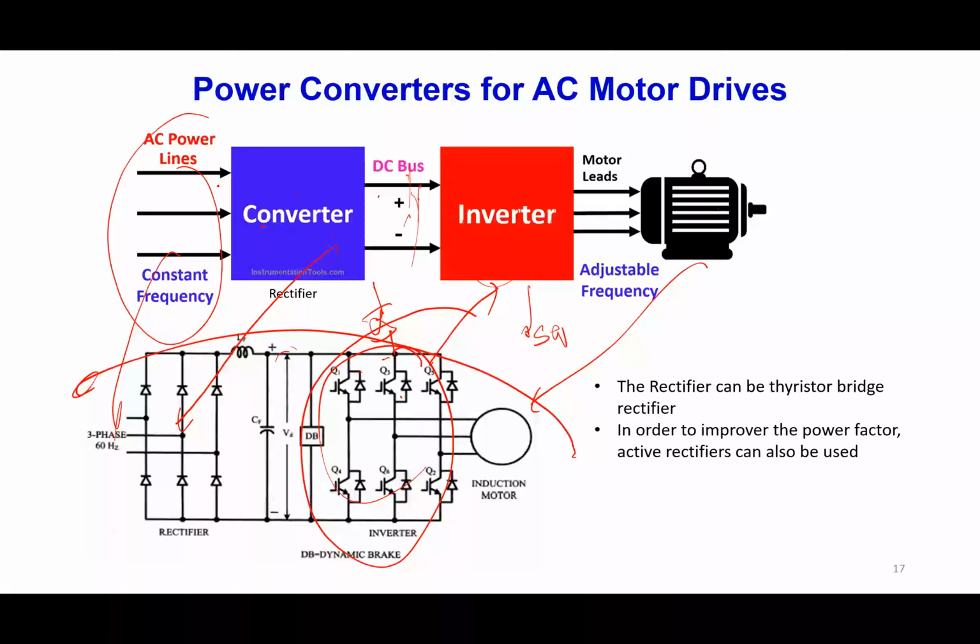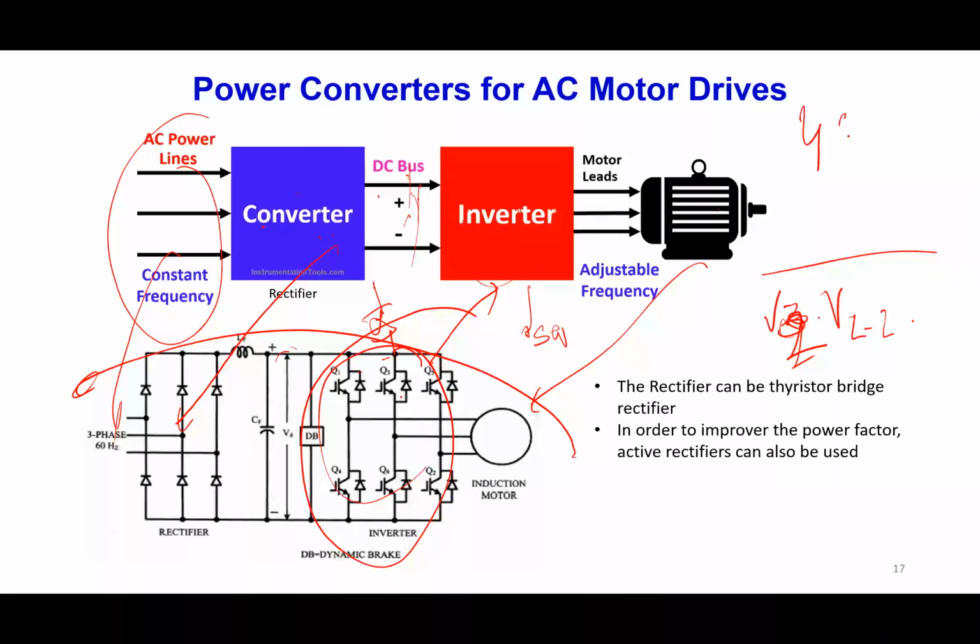But the only thing with the active rectifier is you cannot control the output voltage to zero. The minimum output voltage at the output of the active rectifier is, I mean, line to line, sorry, √2 times the line to line voltage. That is the maximum line to line voltage.